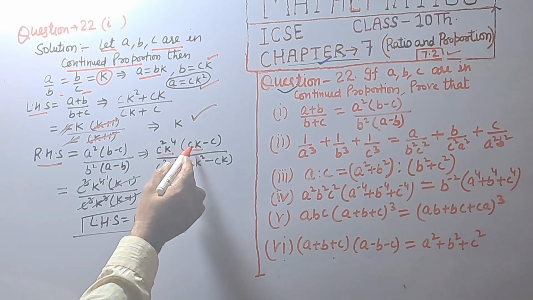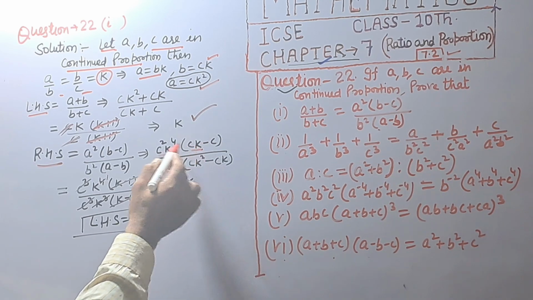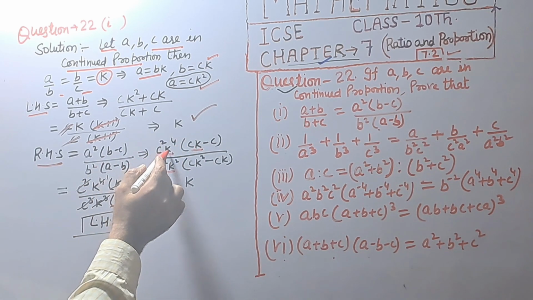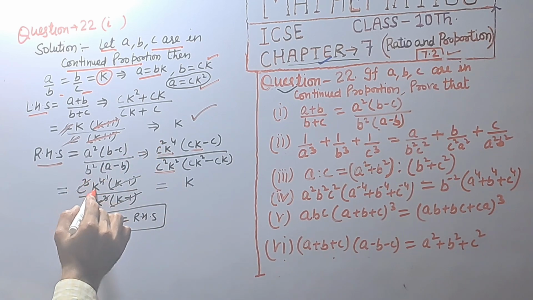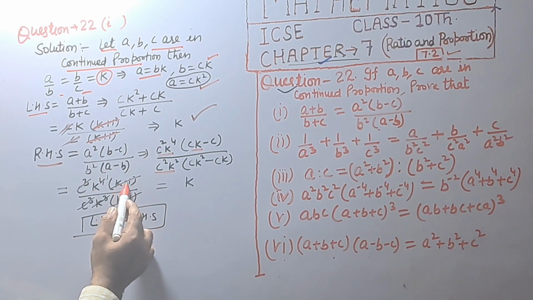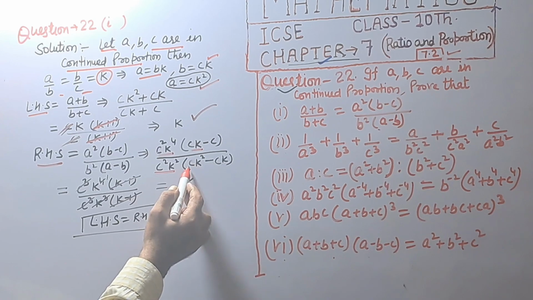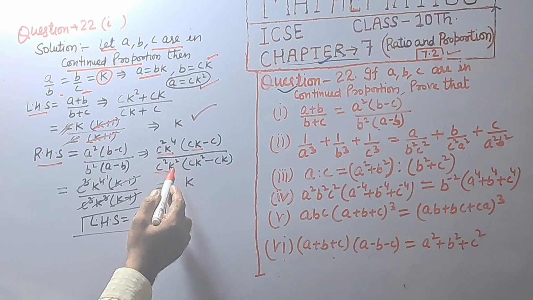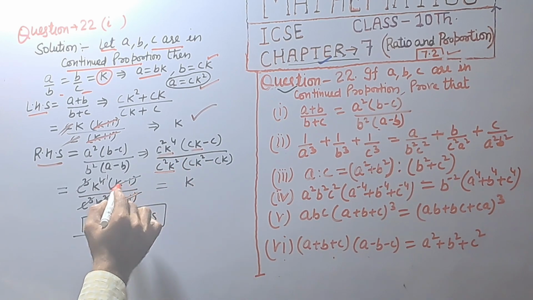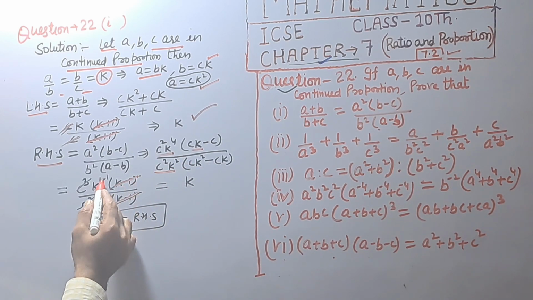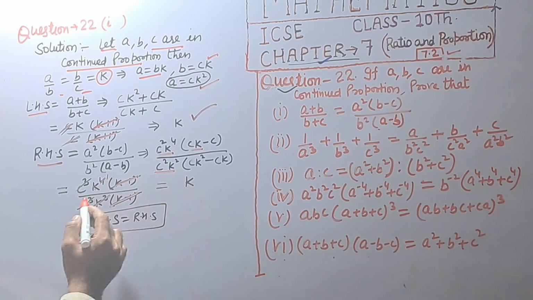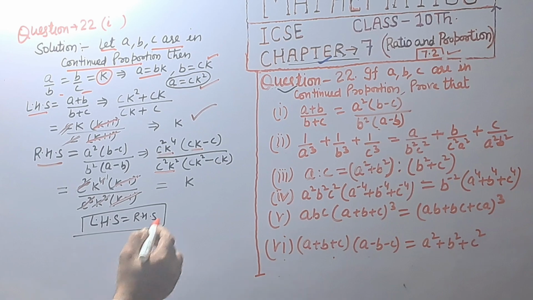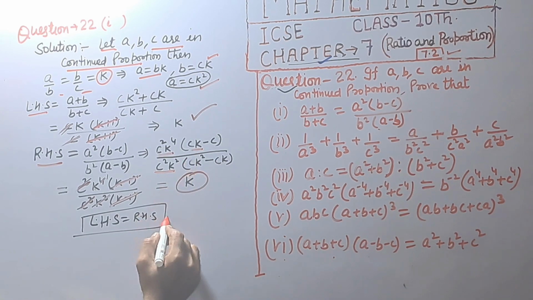We are taking common numerator C, and this will be C raised to power 3 K raised to power 4 in bracket K minus 1, and we are taking common CK, C raised to power 3 K raised to power 3 in bracket K minus 1. This will be cancelled, and K raised to power 4 by K raised to power 3, we get K, and C cube is cancelled. So right hand side is equal to K, left hand side equal to right hand side.